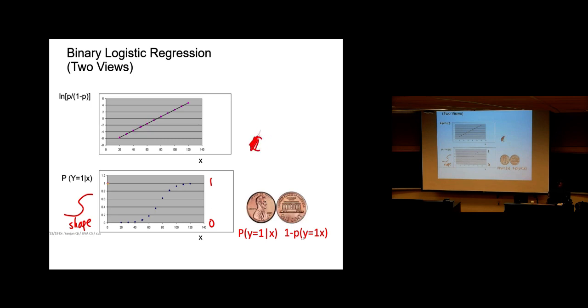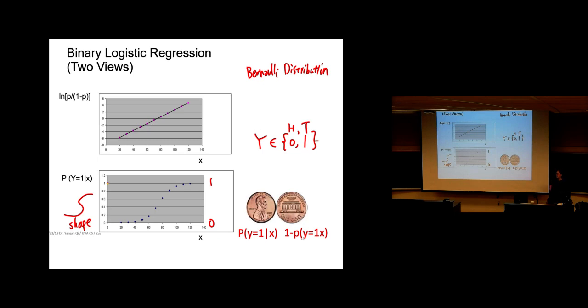Sorry, sometimes I use C, sometimes Y. A little bit confusing, but in this context it's just the output variable. In this case, it has only two possibilities: 0 and 1, or heads and tail. If you remember what we said about the Bernoulli distribution, what is the parameter of a Bernoulli distribution?